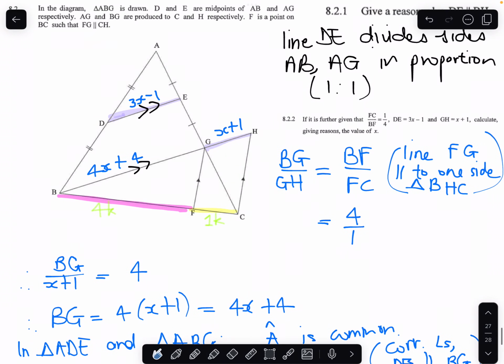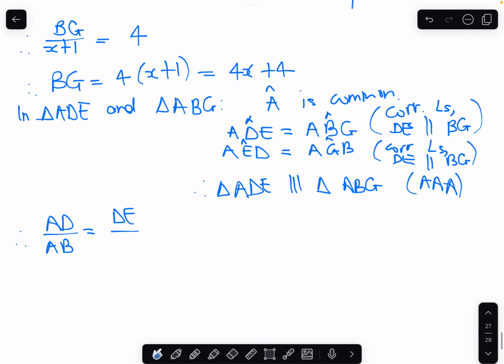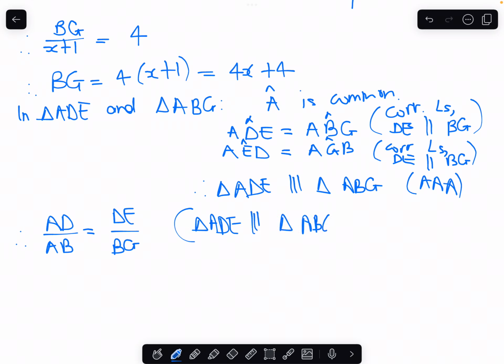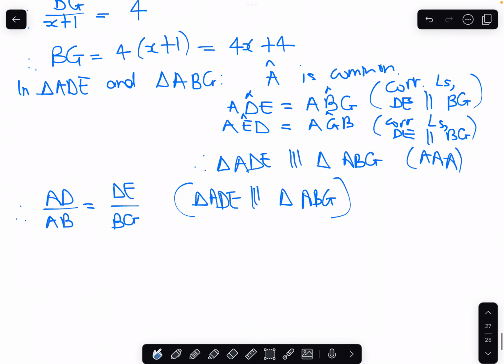I care about DE to BG, and that's because of the similarity of the triangles, right? And we know that AD to AB is 1 to 2, so DE to BG will also be 1 to 2.